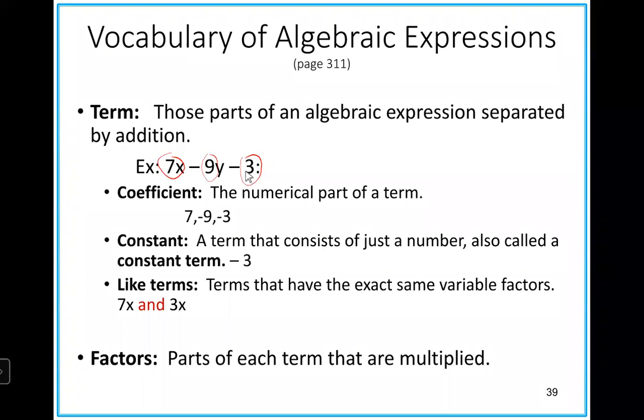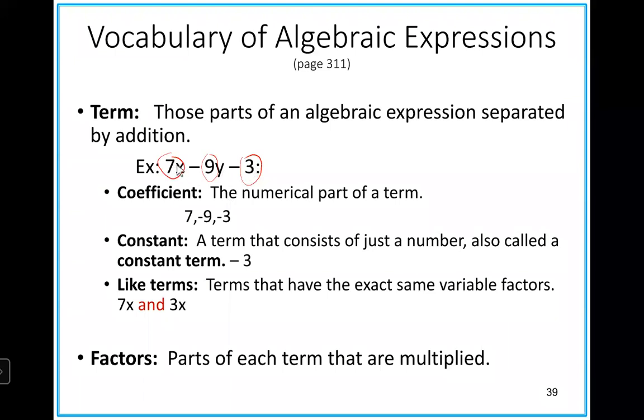And then, well, there's no variable for this, so we don't really call this 3 a coefficient. That 3 is really called a constant. So it says constant, a term that consists of just a number is called a constant. So this 3 would be a constant. It doesn't have a variable, so it's a constant. The x and the y are variables, and they have coefficients.